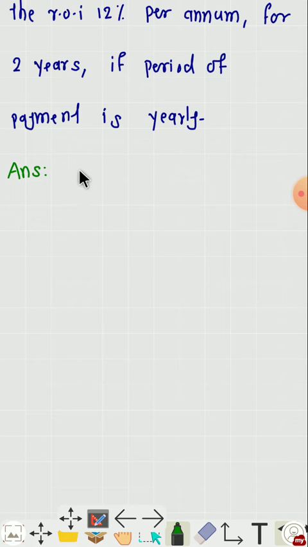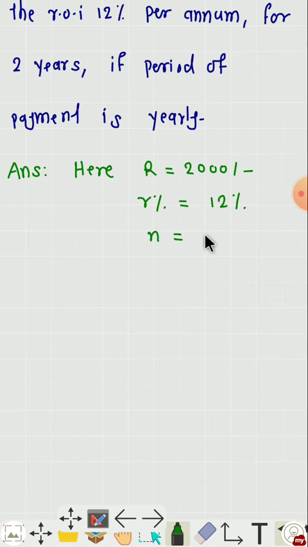So here what is given to you: R, the installment, is given and it is rupees 2000. Rate of interest r is given and it is 12% per annum, and the investment is for 2 years, so n is 2.